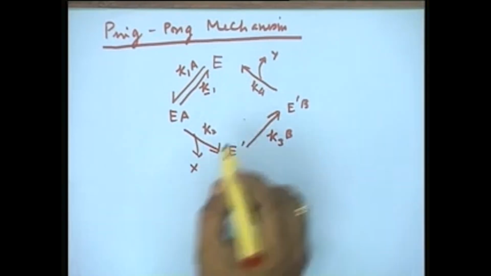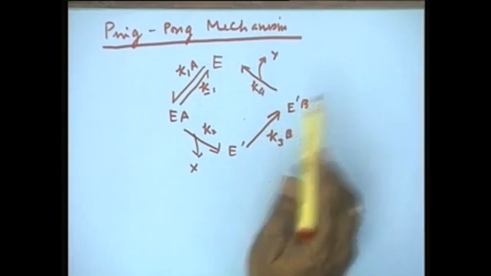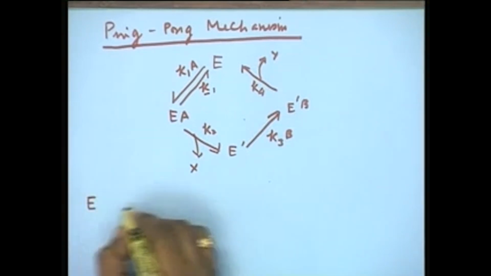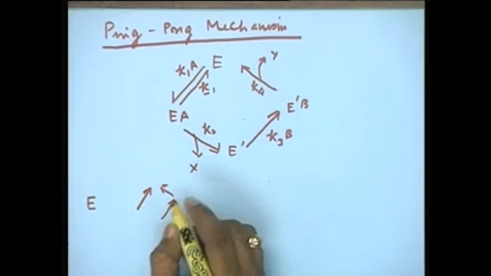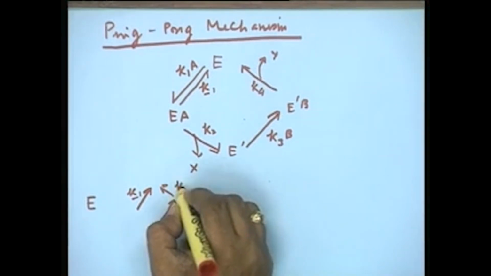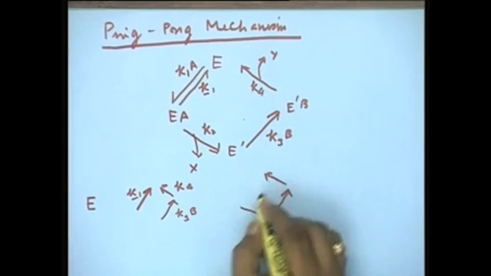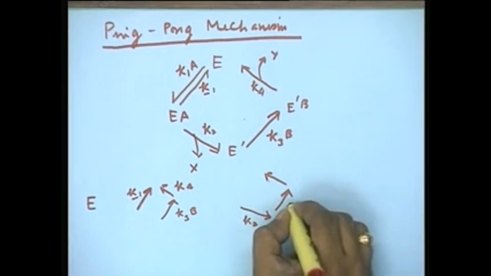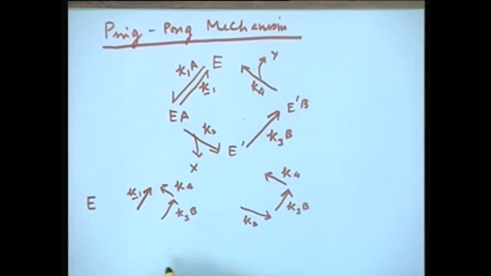And if you again consider the 4 different enzyme species present here, E, EA, E' and E'B, for E you can write the pattern as K minus 1, K3B and K4, and similarly you have another pattern K2, K3B and K4.